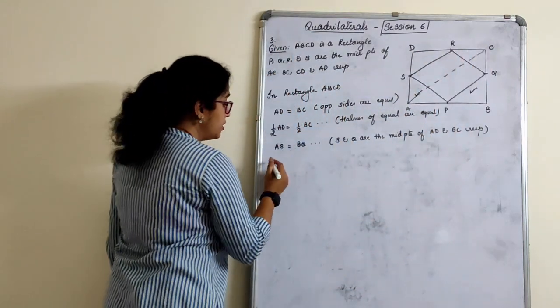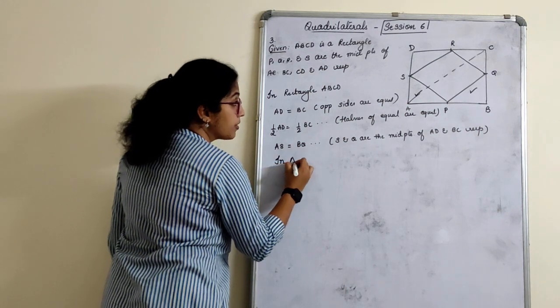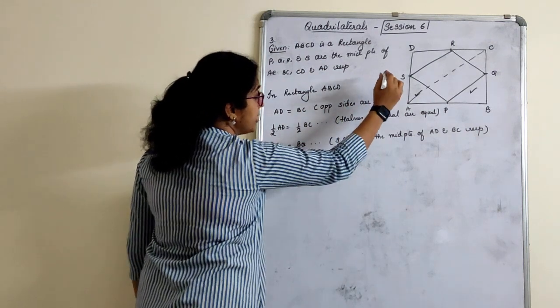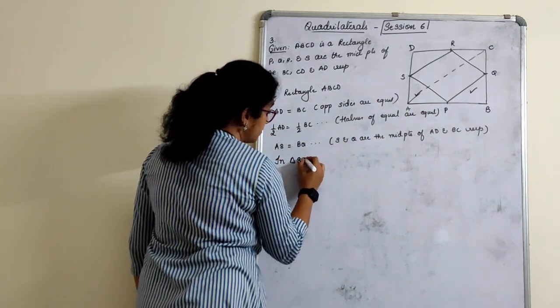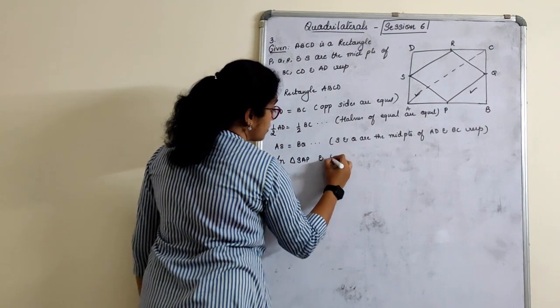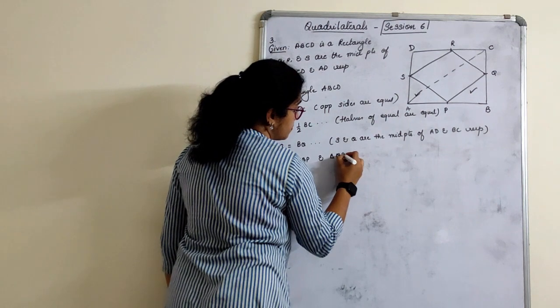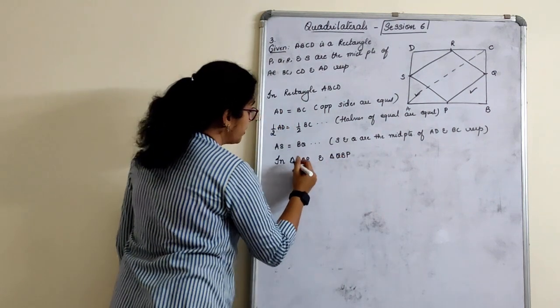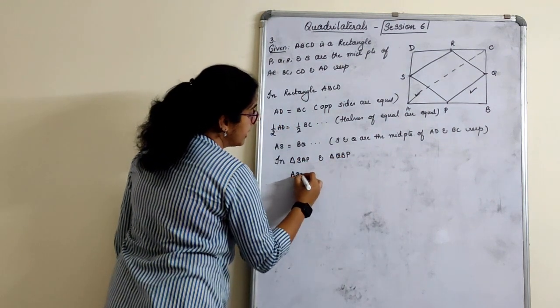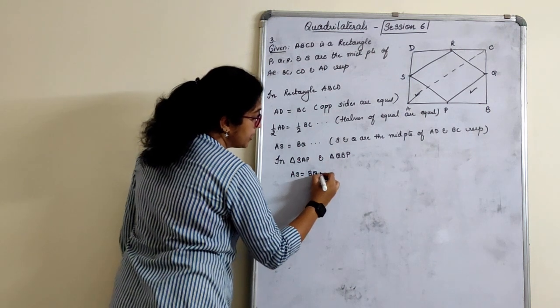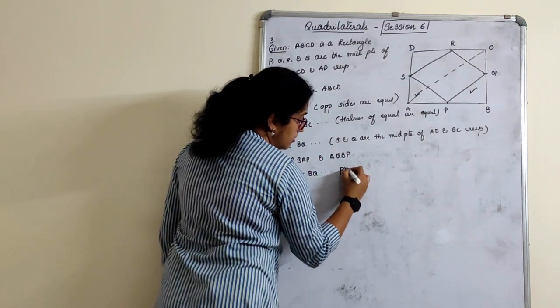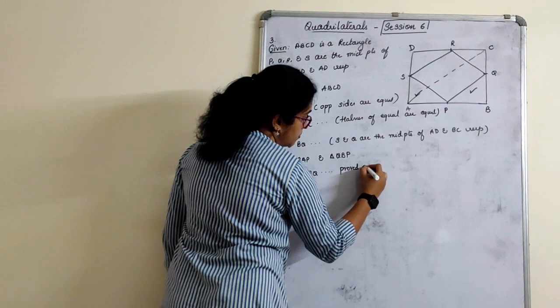So in triangle SAP and triangle QBP, first of all, AS is equal to BQ. Reason: proved above.